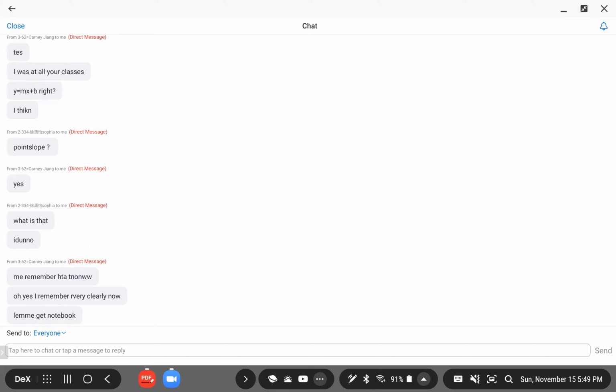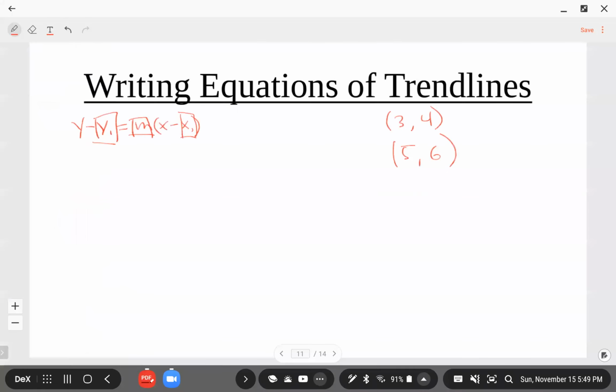For those who don't know how to find slope from 2 points, it's basically vertical change over horizontal change, so y over x. It's y2 minus y1 divided by x2 minus x1.